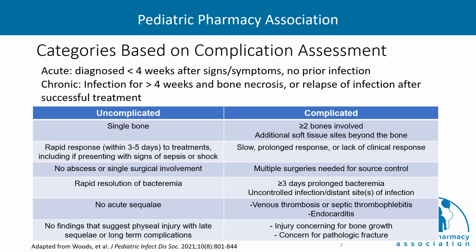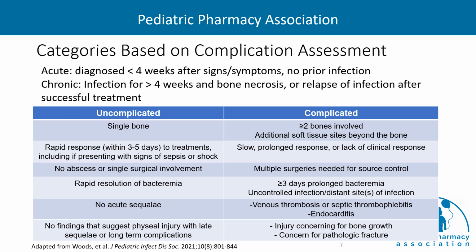long-term complications. Now, complicated, on the flip side: more than 2 bones, slow response. They may need multiple surgeries and have issues with source control. Bacteremia for numerous days, 3 days or more is kind of the cutoff.